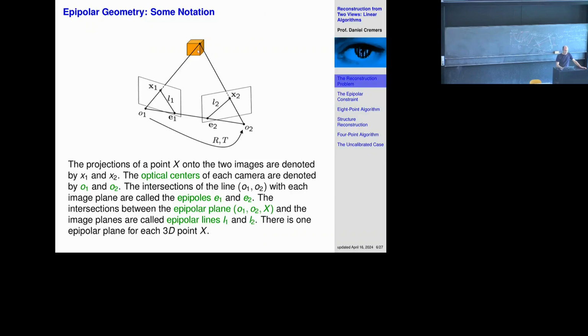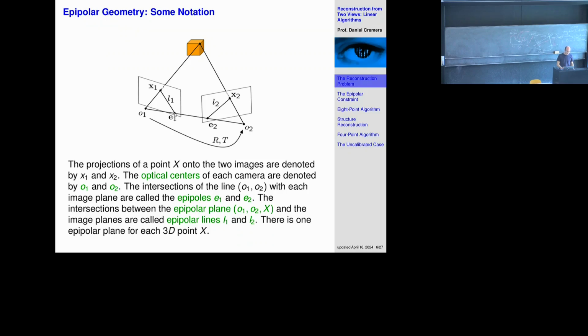So here's the idea: a 3D structure, 2 camera centers, and we observe the points in image 1 and image 2, called little x1, little x2. In addition, we have these points here, E1 and E2, called the epipoles. How do you get them? You get them by drawing a line connecting the 2 optical centers of your cameras, and wherever these lines intersect the image plane is called the epipole.